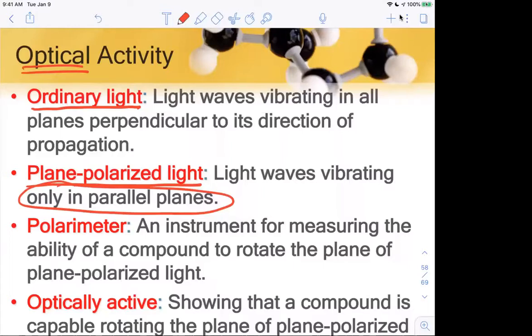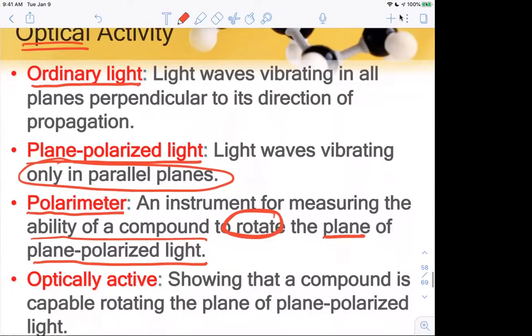We can measure this property of optics of light using a polarimeter. This is looking at the ability of a compound to rotate plane polarized light. If a compound can rotate plane polarized light, it's considered to be optically active.